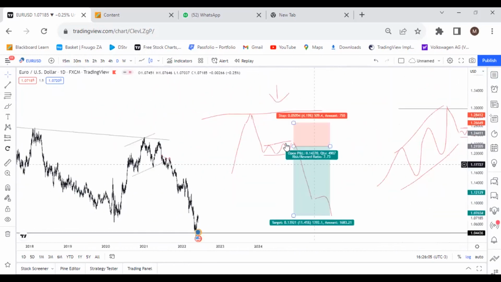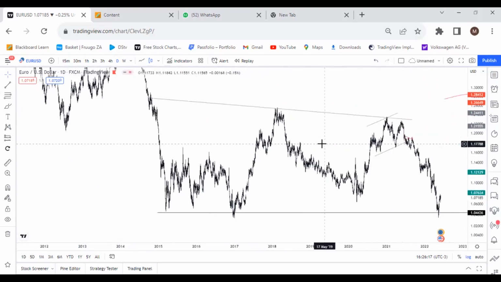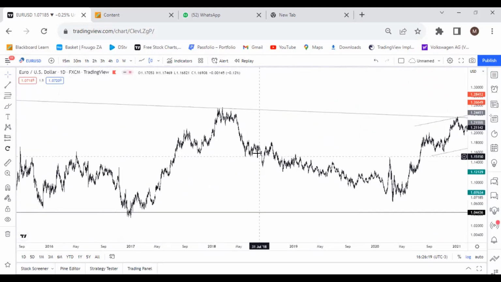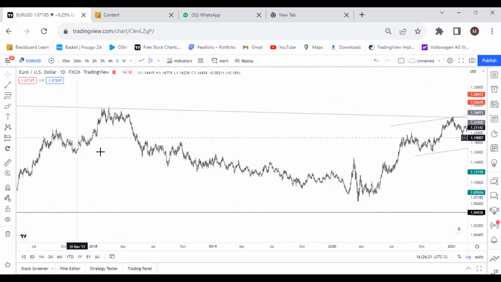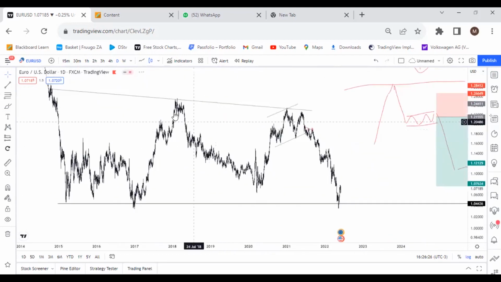So I'm going to show you this one where the price reached the level in an impulse, and then it rejected, formed the correction. So you can see here we had, it's not perfect, but I'll just use a different example because this is on the second touch and it's supposed to be on the third one.